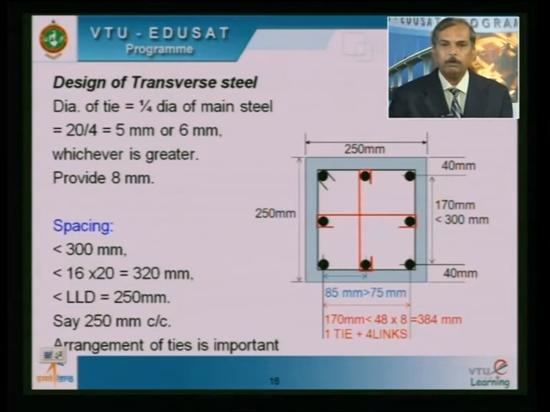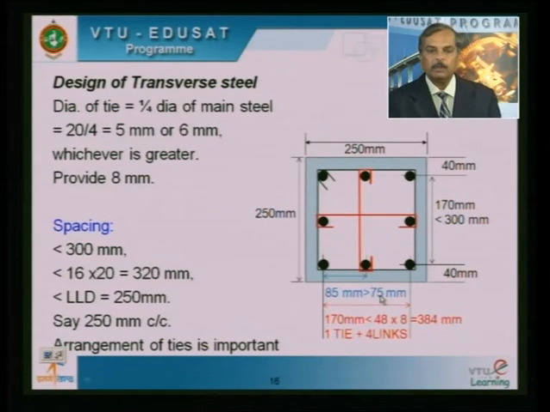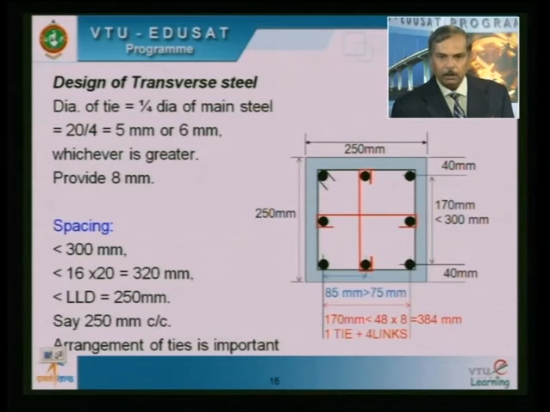And maybe if you go for still more number of bars depending on the situation, instead of 8 of 20, we can think 16 mm or even 12, then we will be having more bars, and in that case the distance between the 2 bars will definitely be less than 75, and in that case we can eliminate the alternate bars from tying. Now if you see here, there is a small difference, 85 and 75, it is hardly 10 mm, 1 centimeter of difference.